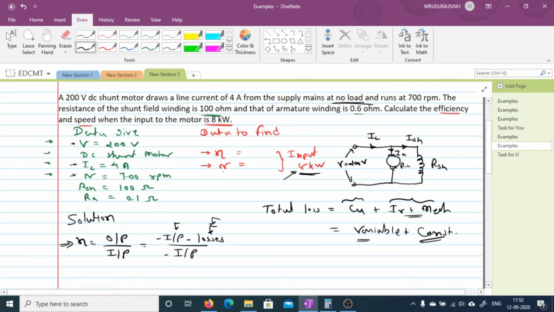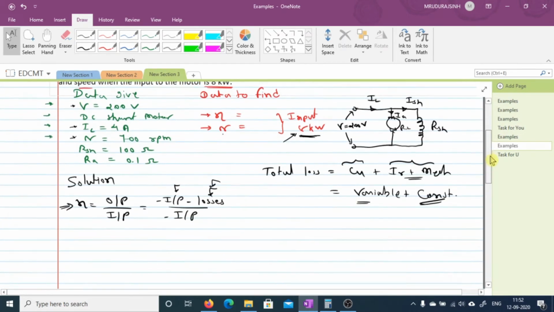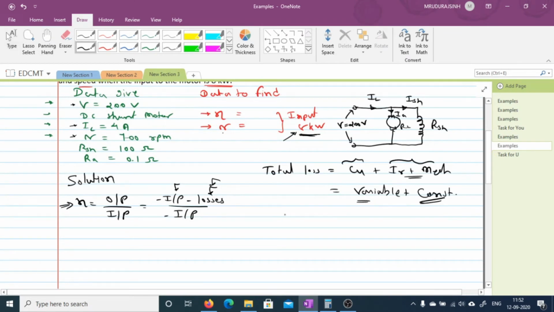No load condition data is given to us, and this is important. Why is it important? Let me show. Because at no load condition, the total input power drawn by the motor is utilized to fulfill the different losses of the motor.